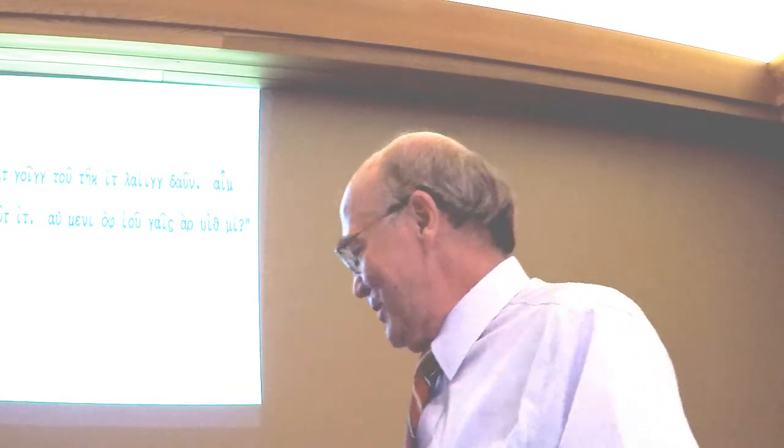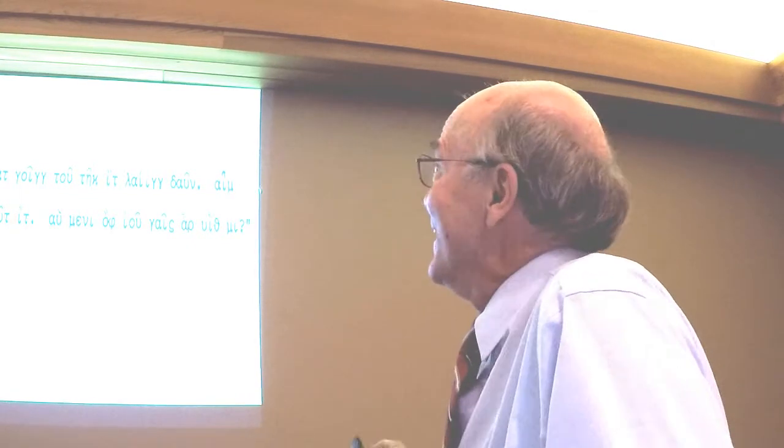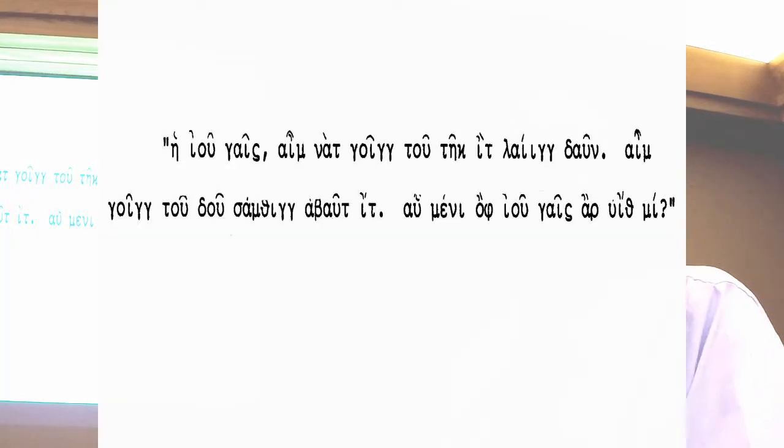I want you to look up here. I have a sentence now that I want you to read. This is that breathing mark that sounds like an H. What letter is it? Eta. So what is this word? Hey.